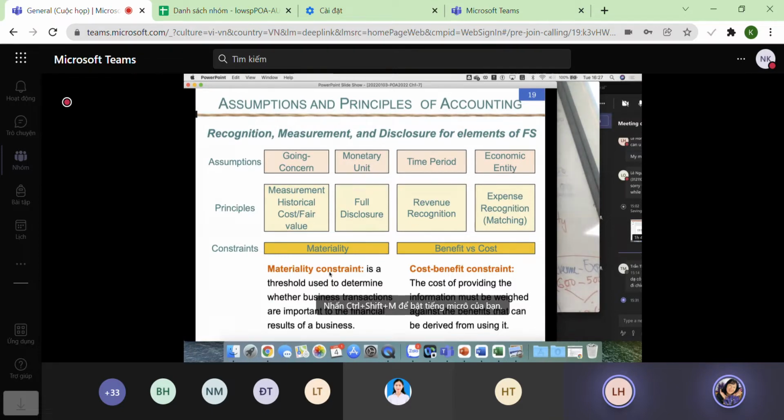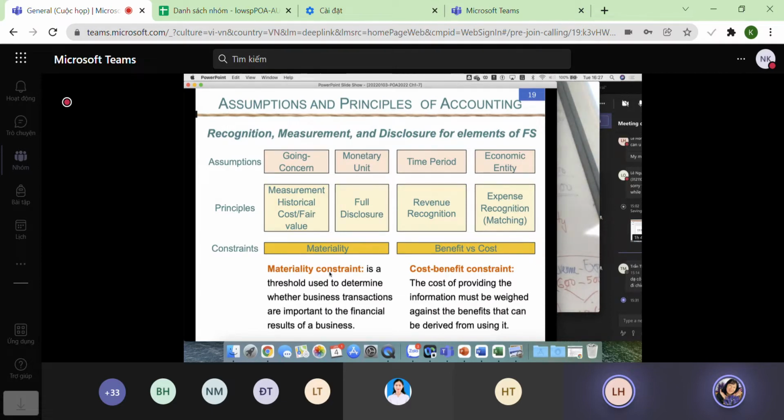So how many assumptions here? Four. Principles also four. These are the basic principles and assumptions. Later, when we do the financial accounting course, you will learn more about assumptions and principles in more detail. But here, just basic principles and basic assumptions to prepare financial statements.